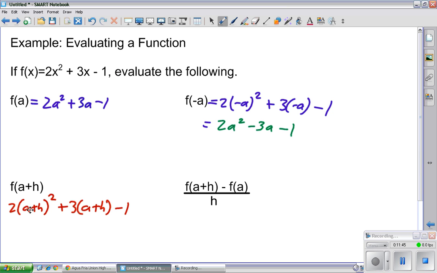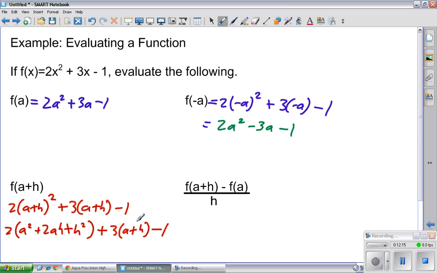Then again do some simplifying. So a plus h squared, that's going to be a squared plus 2ah plus h squared, plus 3 times a plus h, minus 1.